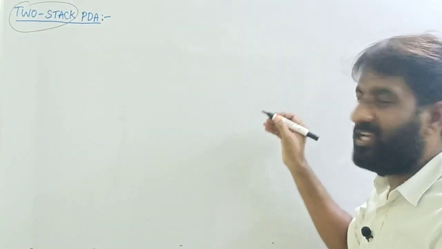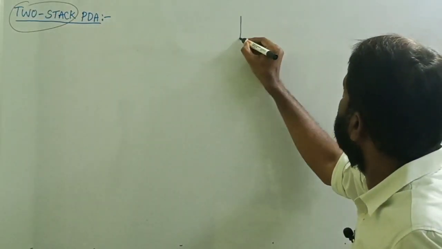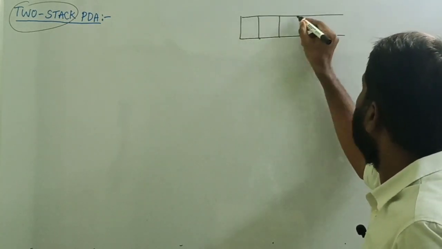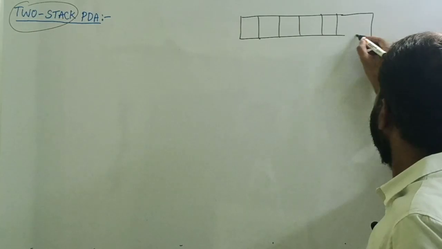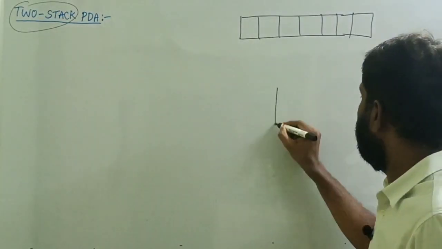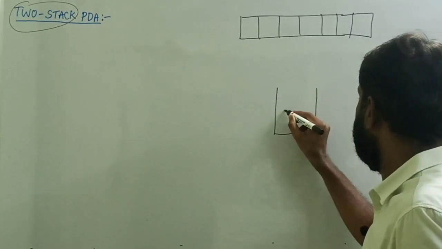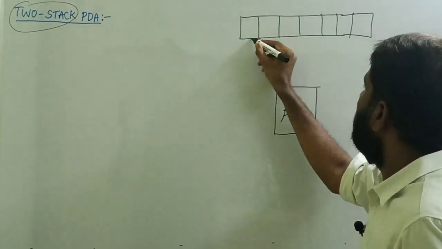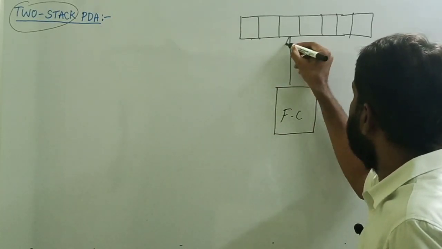As usual, first it has the input tape. The tape is divided into cells. Then a finite control has the head called the reading head.